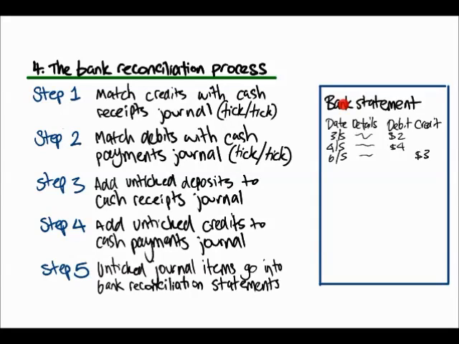So we've got a 5-step process that we follow to work out what's missing from our bank statement and what's missing from our cash receipts and cash payments journal. So each month, you'll get a bank statement. If you look over on the right here, this is what a really, really simple bank statement might look like.